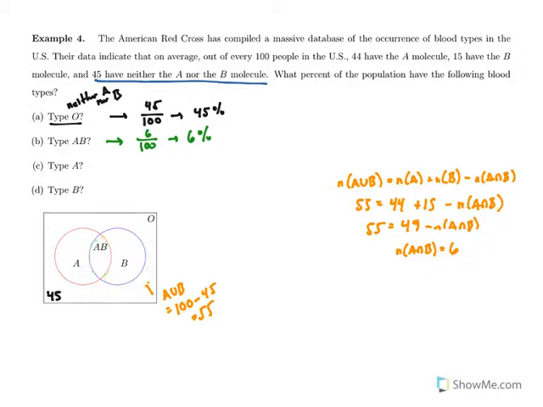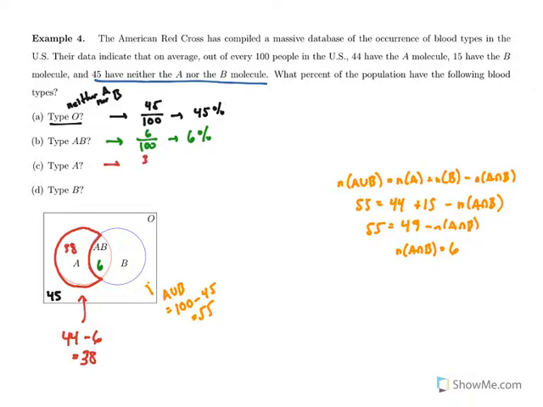So now let's think about just the A or just the B. So just the A, think about that little crescent moon. That's just going to be the number of people in A, which is 44, minus that intersection, which would give us 38.